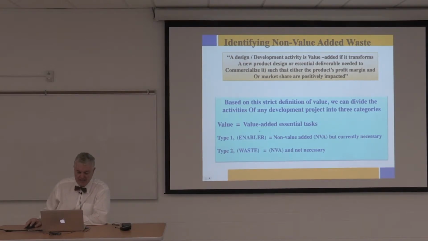So, value-added activities. Type 1 activity is an enabler. It's non-value added but currently necessary. And type 2 is waste. It's not necessary. So there are certain non-value added activities that you need to keep because you haven't designed your process correctly, but they're not necessarily highly value added.